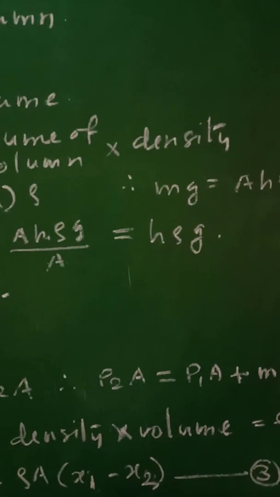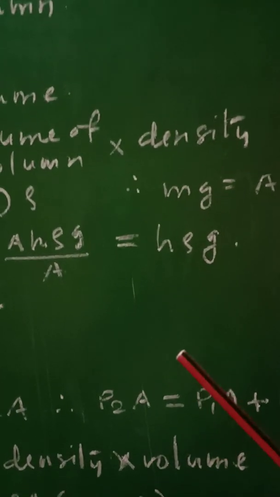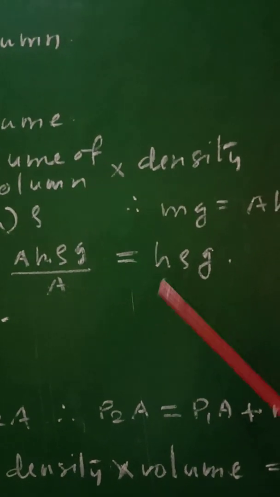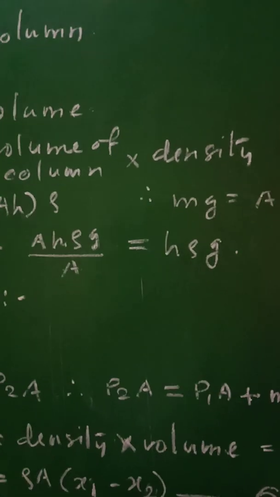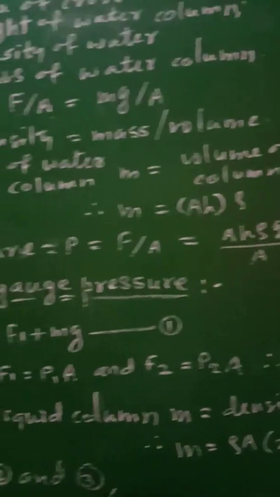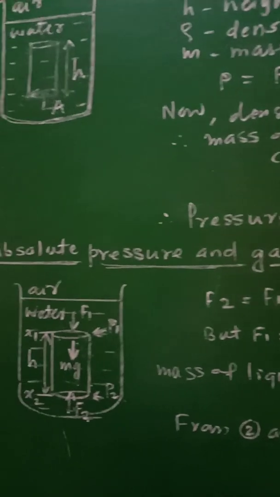From this relation it is clear that the pressure of that liquid column will depend upon the height of that liquid column, as rho and g are constant. Now this equation will be valid for both liquids as well as gases.